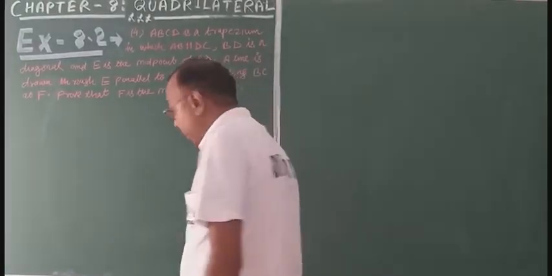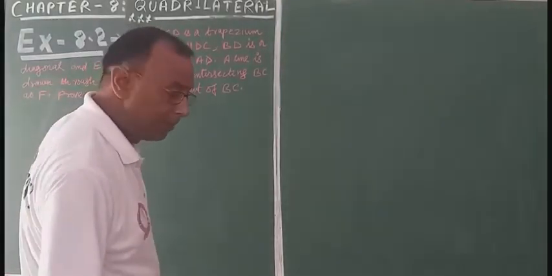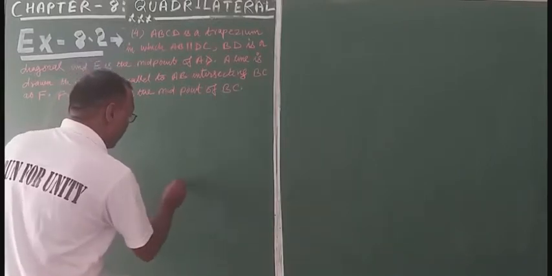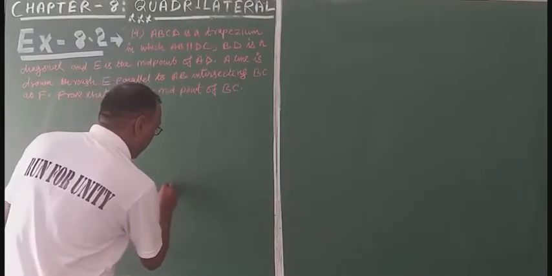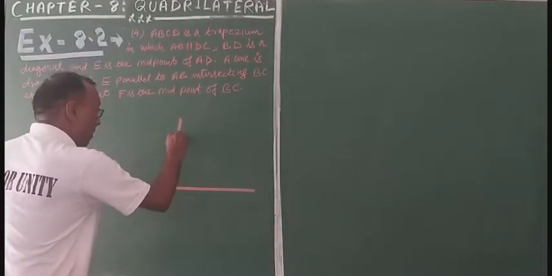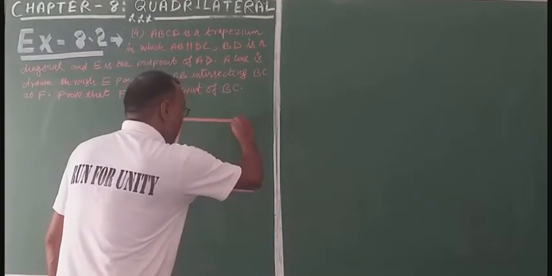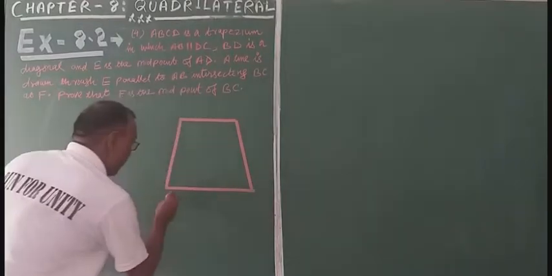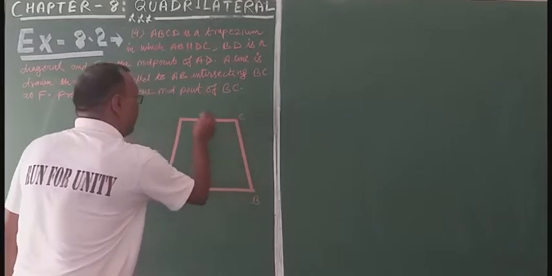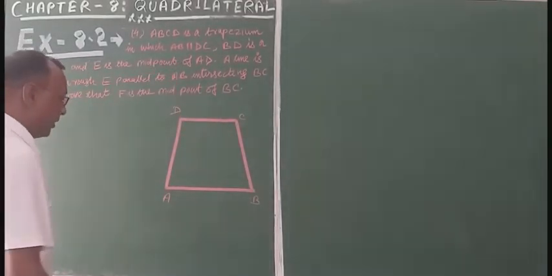ABCD is a trapezium in which AB is parallel to DC.